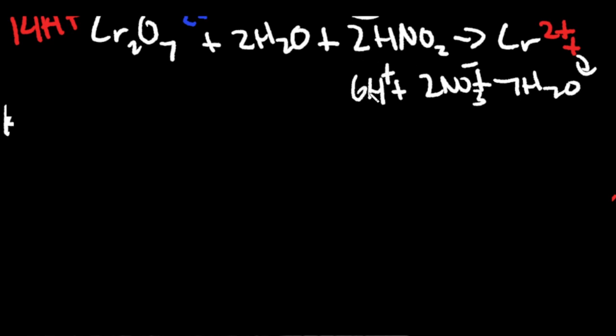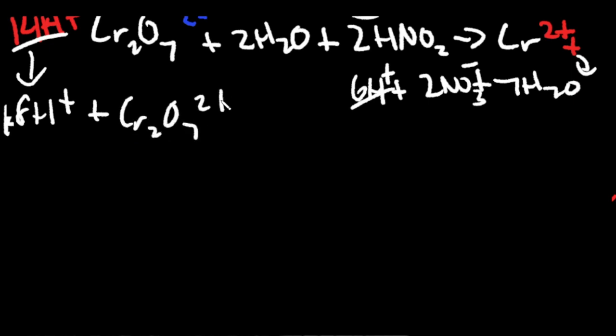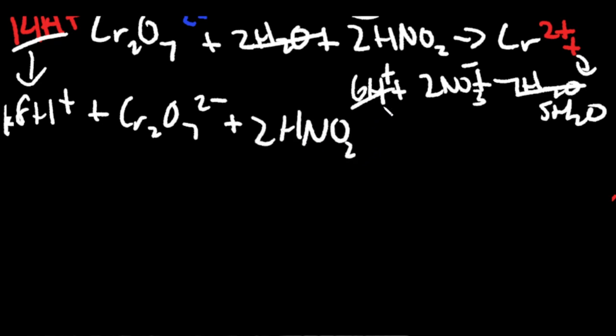Since we have 2 hydrogen ions on both sides, we can just cross out, and that will lead us to 8 hydrogen ions, plus dichromate 2 minus, plus, you can cancel the H2O, which leads to 5 water, plus 2HNO2 goes to chromium 2 plus, plus 2NO3 minus, plus 5 water.